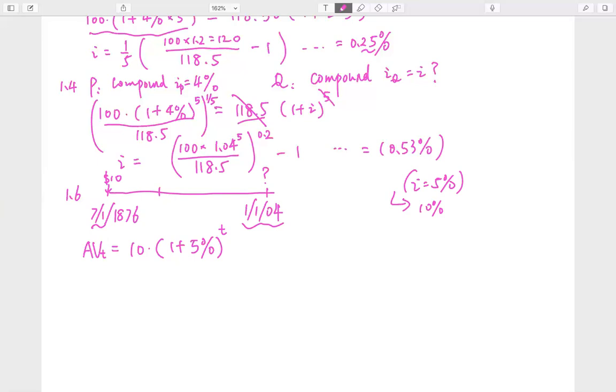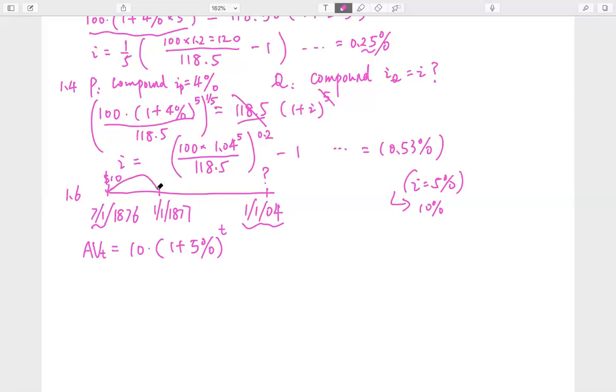But the starting time is July 1st, and that is not good, right? We want the starting time to be January 1st instead of July 1st. So we move to the nearest January 1st, which is January 1st, 1877. Then we can break the entire timeline into 2 parts.